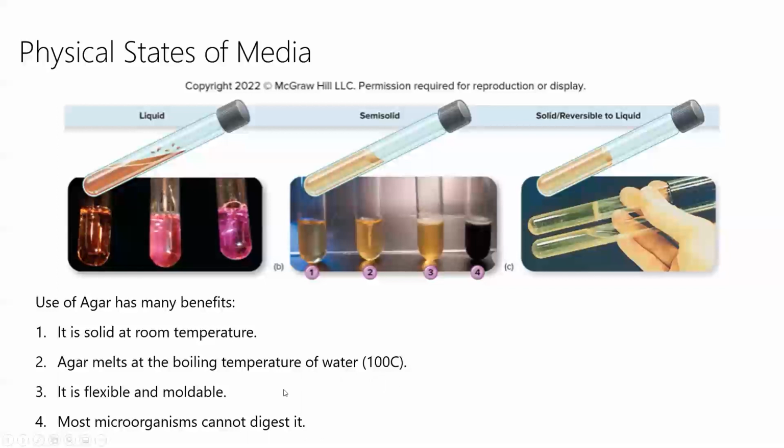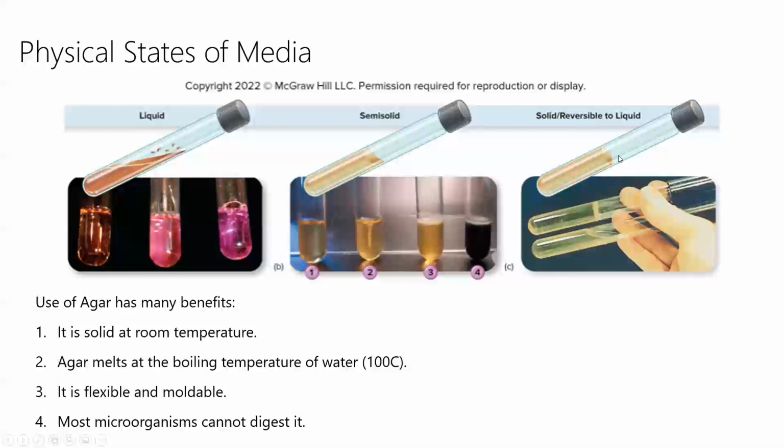So scientists can heat it up and sterilize it. Often we make it in an autoclave. Like we talked about last time, the little metal box that gets to really high temperatures, and we can put it in there, kill all of the endospores, sterilize it, it melts it, and then when we pull it out, we can pour it into whatever shape we want, like a tube or a plate.